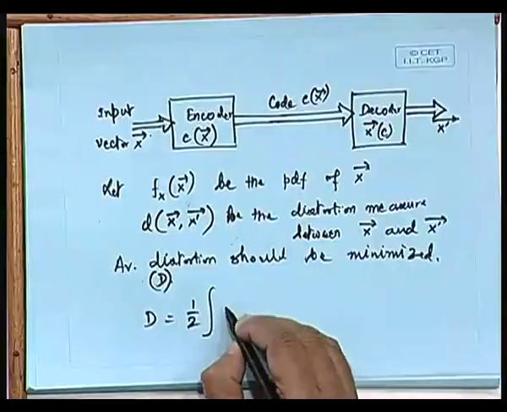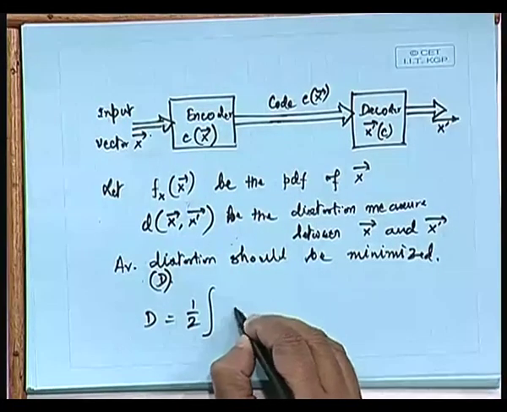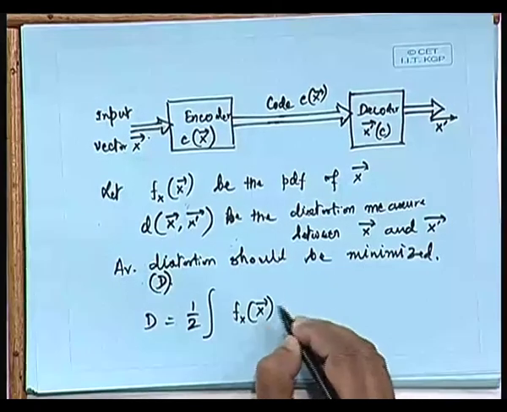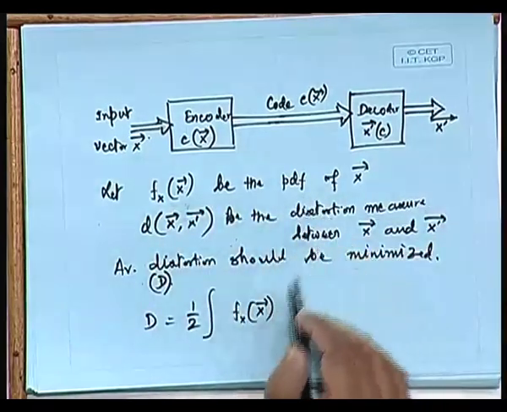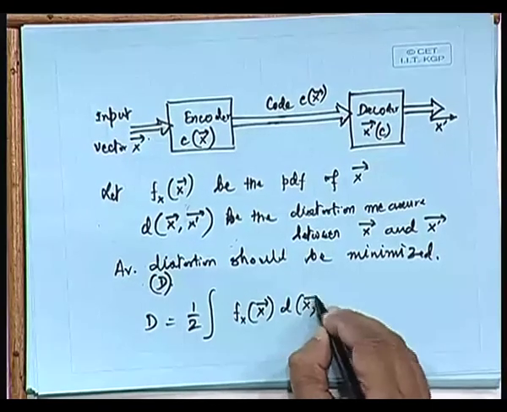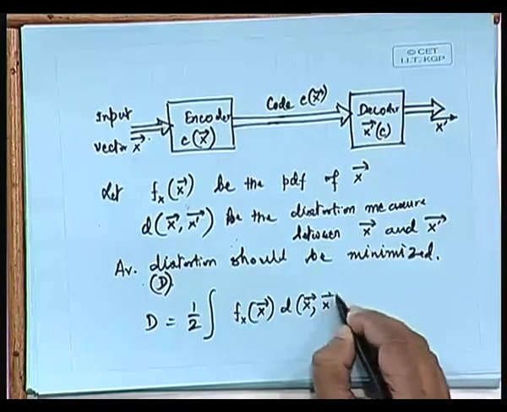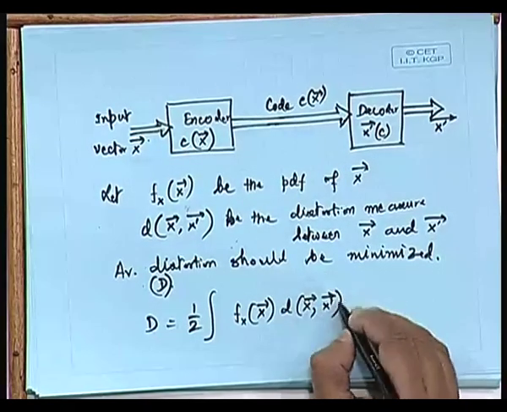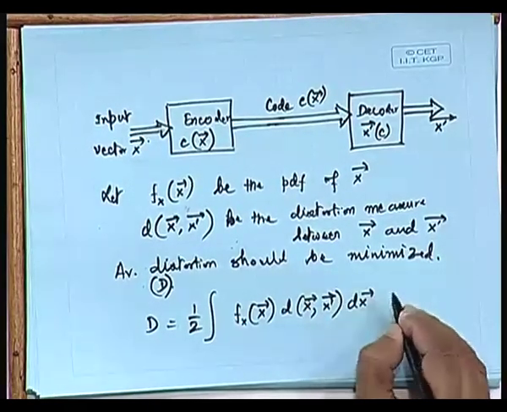Within the integral sign, we take f_x(x), the probability density function of x vector, multiplied by d(x, x prime), the distance between them, and dx vector.